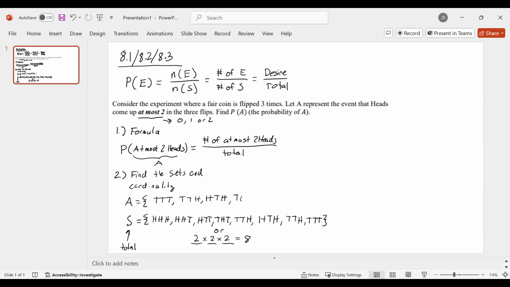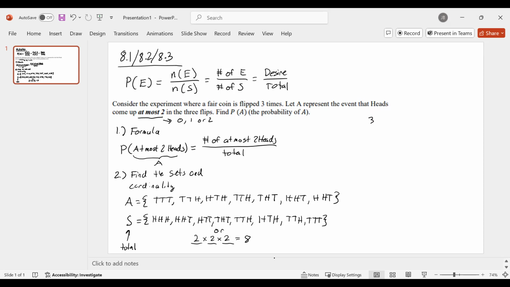So basically, as I'm looking at this, it's all of them except the very first one, which is heads, heads, heads. So only one of them doesn't satisfy what I said earlier, at most 2.